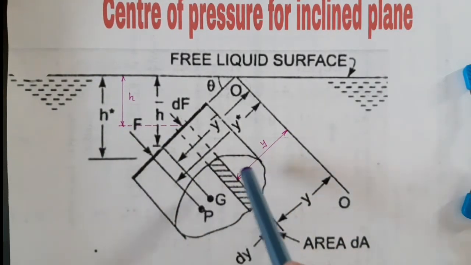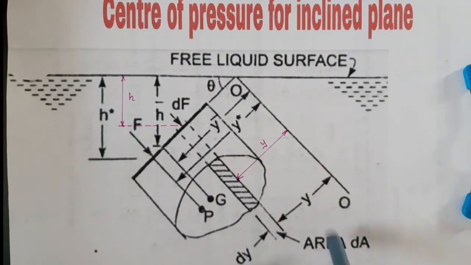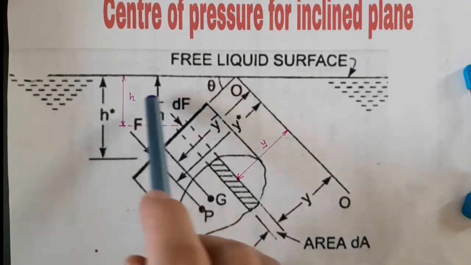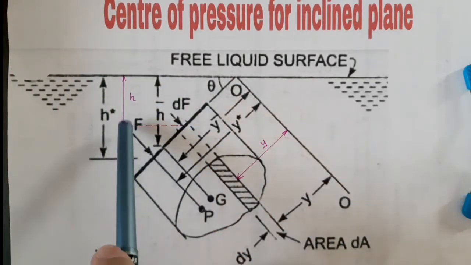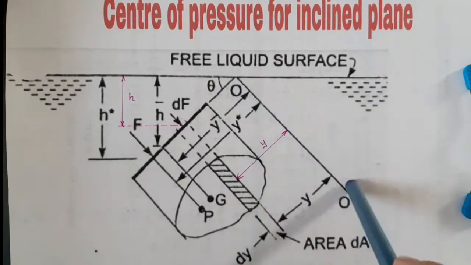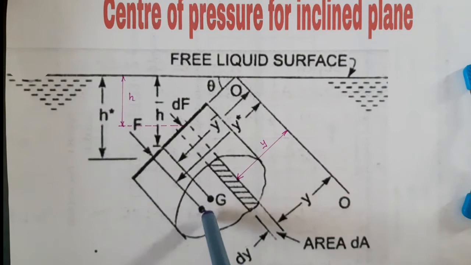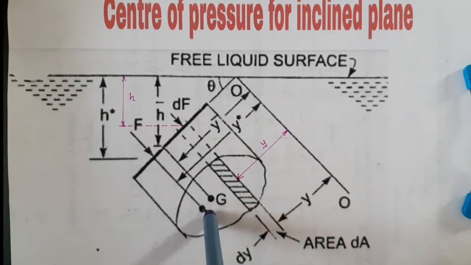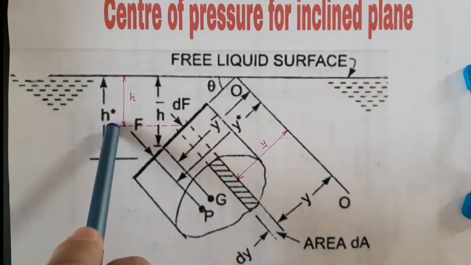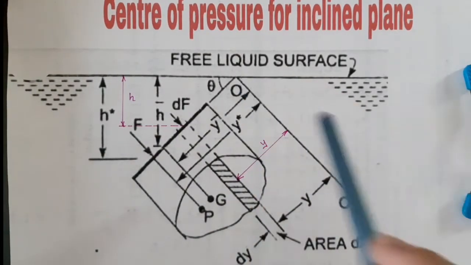Now this is the elemental area dA. Its perpendicular height from the free surface is h, and its distance from the OO axis is y. The height of the center of pressure from the free surface is h star, and the distance of P from the OO axis is y star.